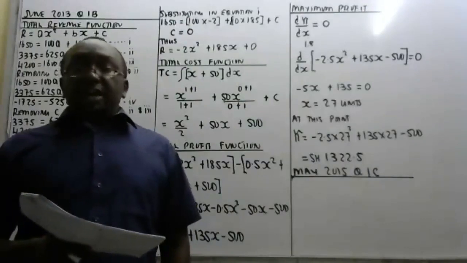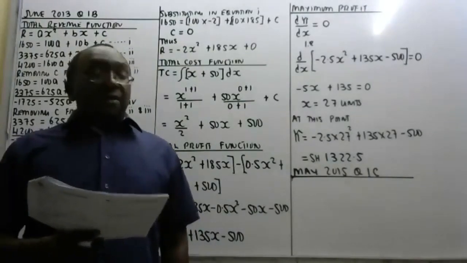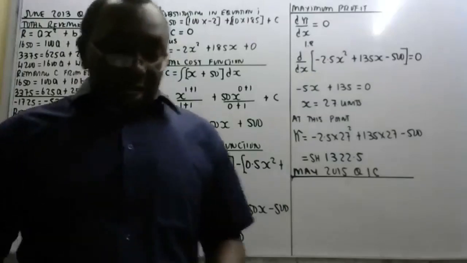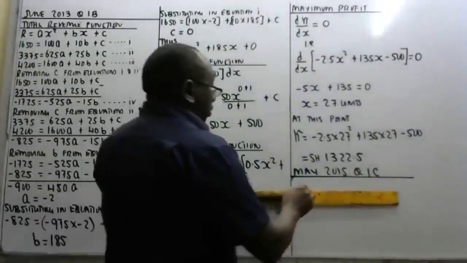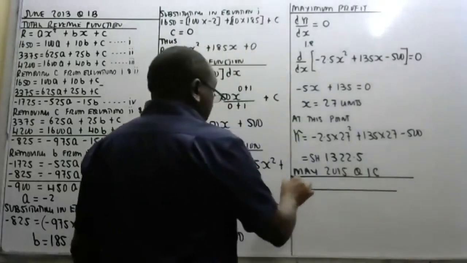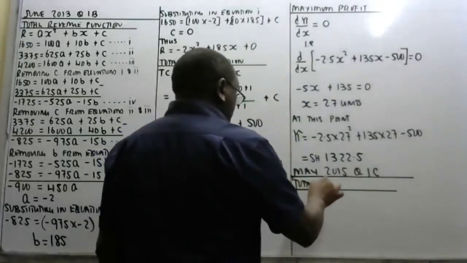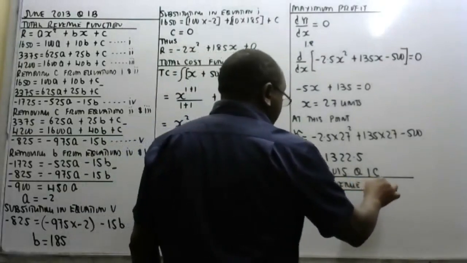Sometime back, I had given you that question as an assignment, and therefore I will not read it. I will just go straight to what I need to do, and that is to give us the total revenue function.